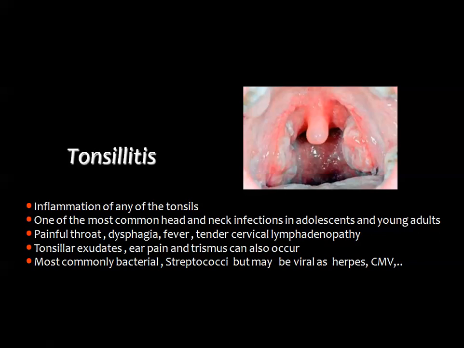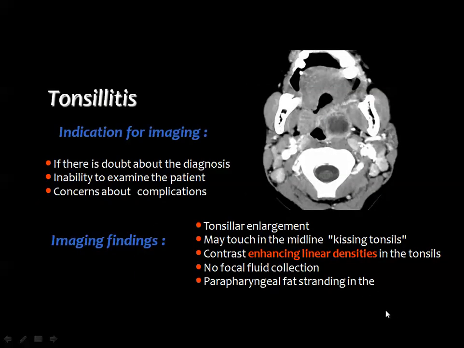If you look in the mouth of the patient, you see that the tonsils are swollen and sometimes covered by pus. The lesions involved in tonsillitis are mostly bacterial, but may be viral, such as herpes or cytomegalovirus.